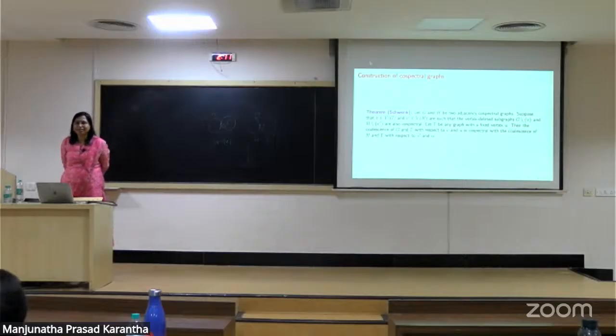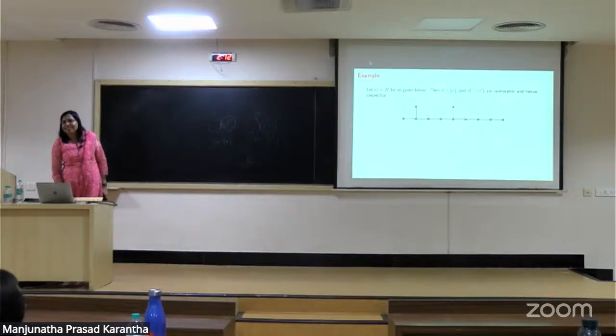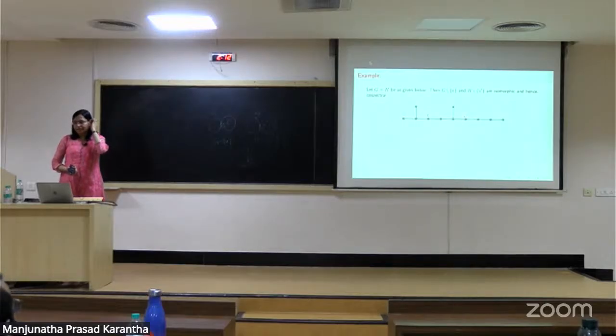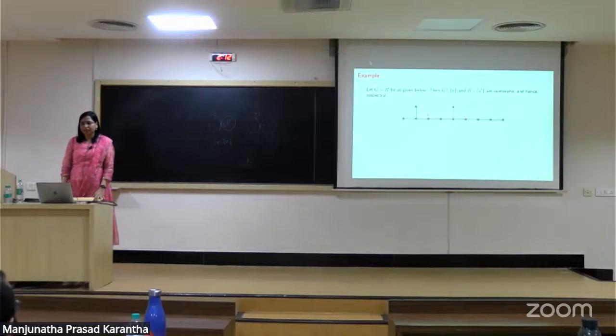I will give one example. So here I am taking G the same as H, and G is this tree. H is also the same, so G and H are co-spectral, since it is the same graph.